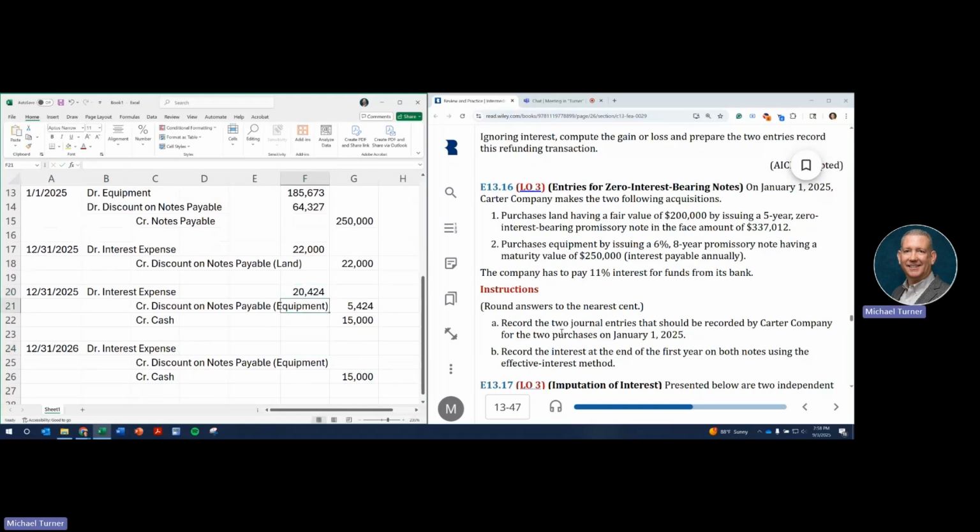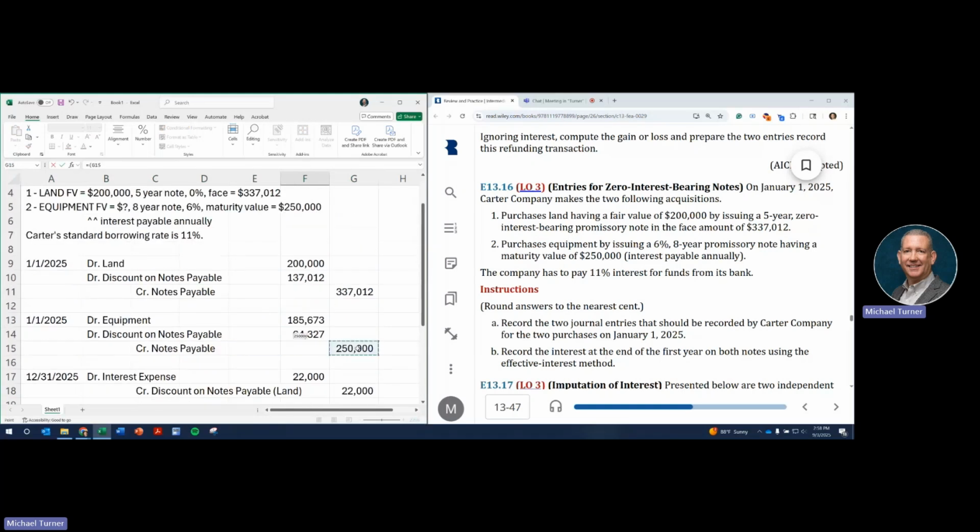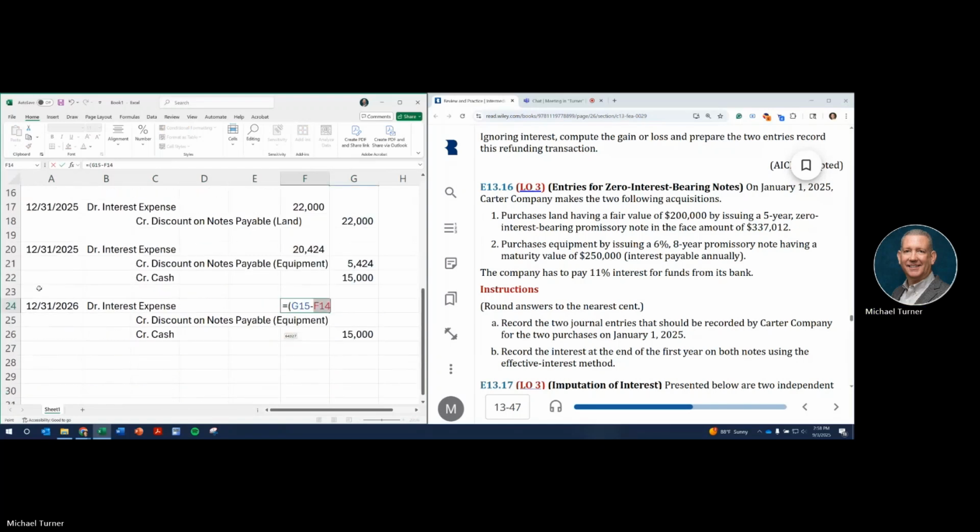Let's see. Our interest expense is going to be calculated based on the original amount of the loan minus the portion of discount on notes payable attributable to this loan minus what has already been amortized.